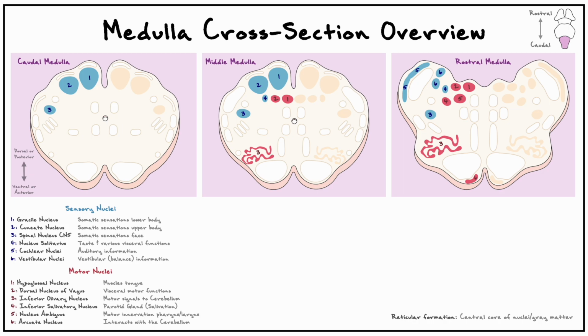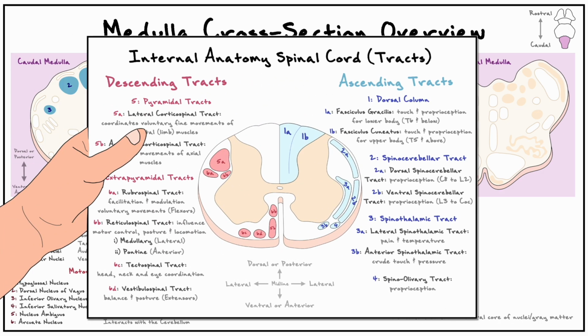For the white matter, the spinal cord was divided into primarily descending or ascending tracts. As a general rule, ascending tracts gathered information from the periphery and carried sensory information to reach targets located in the brainstem, the thalamus, or the cerebellum. Inversely, descending tracts originated in the brain, brainstem, or cerebellum and carried motor information that would eventually reach the periphery.